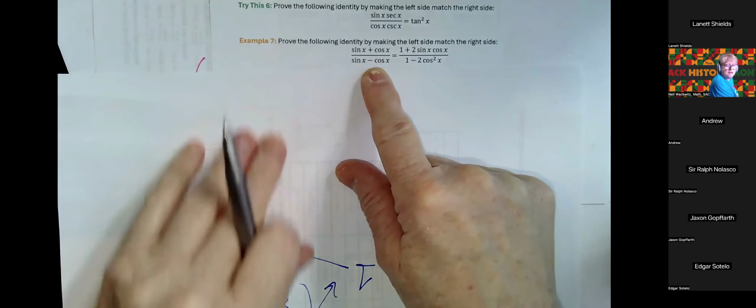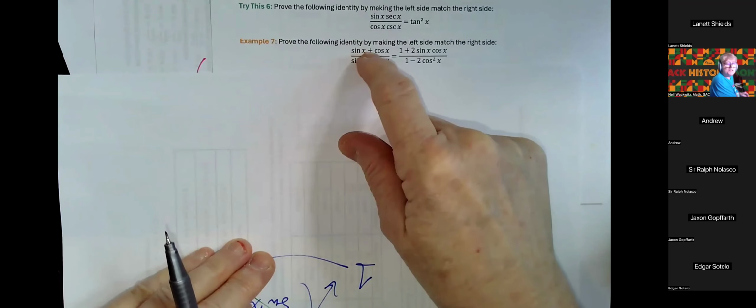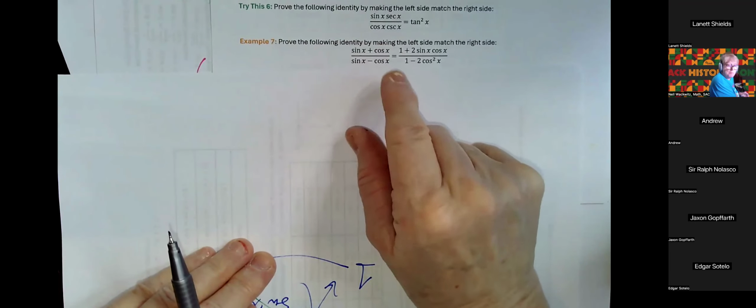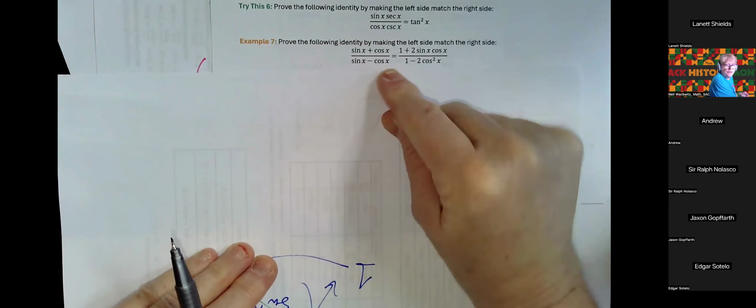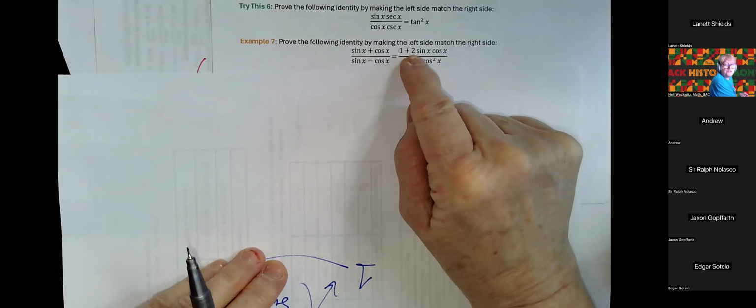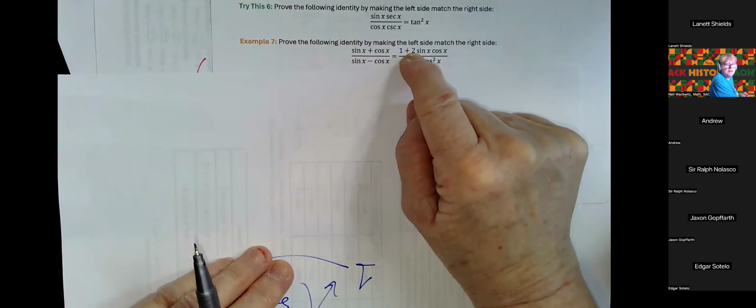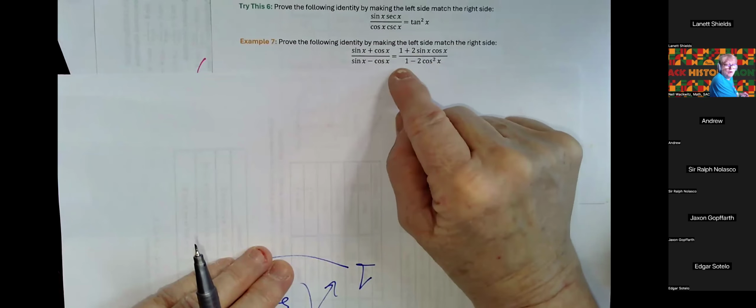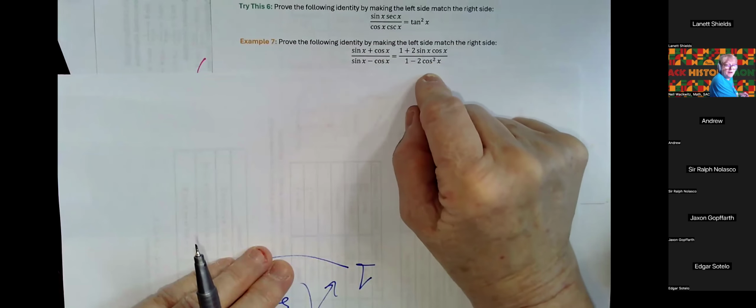So I want to do something with more algebra in it for y'all. So let's do example 7, where we have sine x plus cosine x divided by sine x minus cosine x. And the goal is 1 plus 2 sine x cosine x divided by 1 minus 2 cosine squared x.